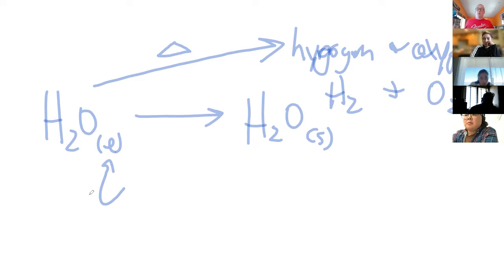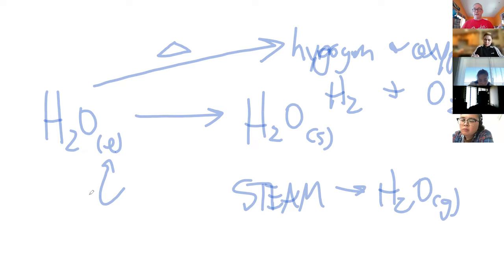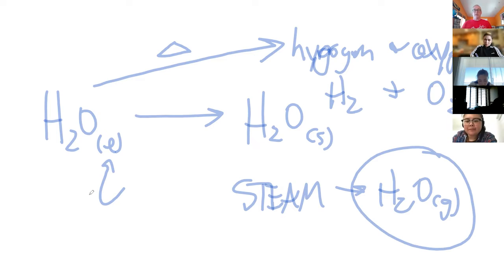What's steam? A byproduct of hot water. What is it though, chemically? Would it still be H2O? It is, exactly. Steam is just H2O gas. So the product of adding heat to H2O liquid is just H2O gas.